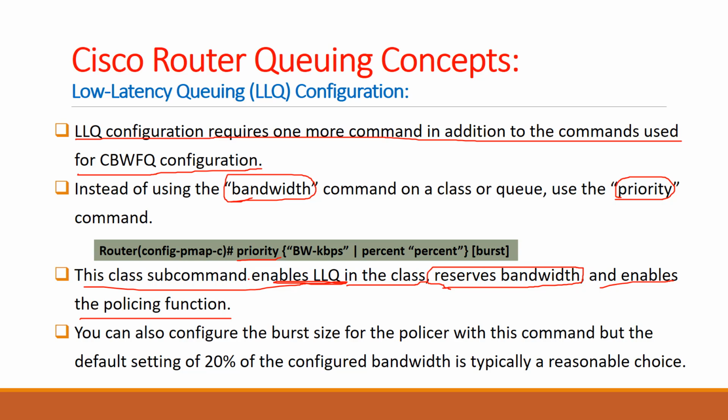What does this mean? It means the LLQ reserves bandwidth. If we have two queues here, and you configure priority on this serial interface, the LLQ reserves bandwidth from this link for that queue and enables the policing function.